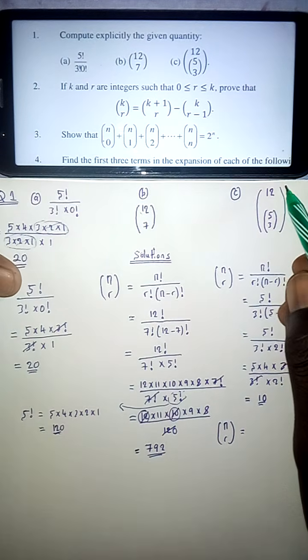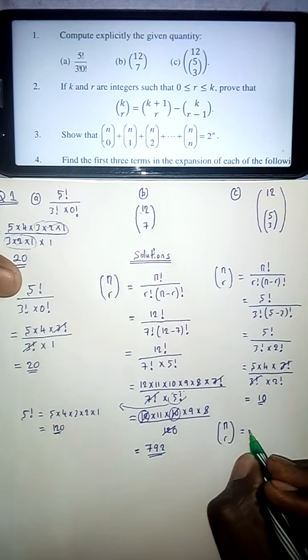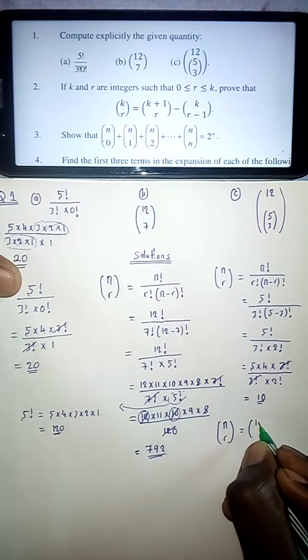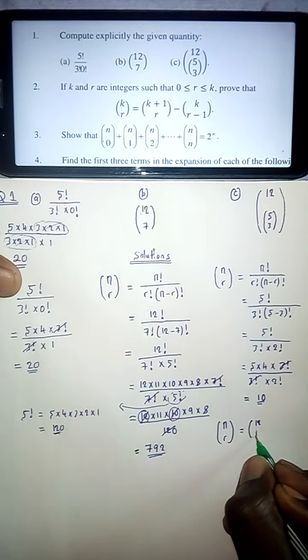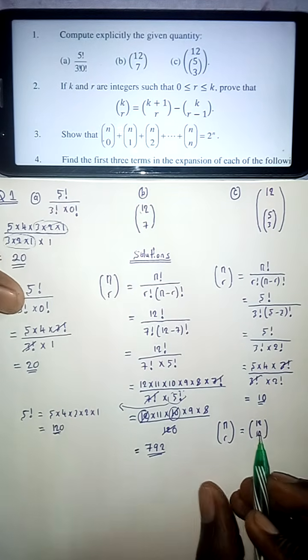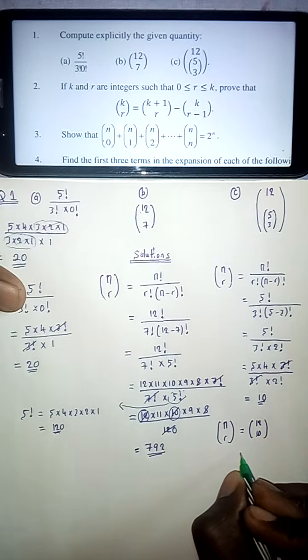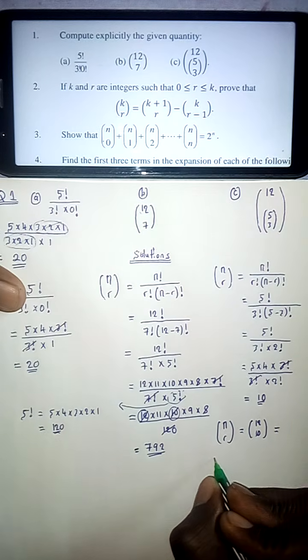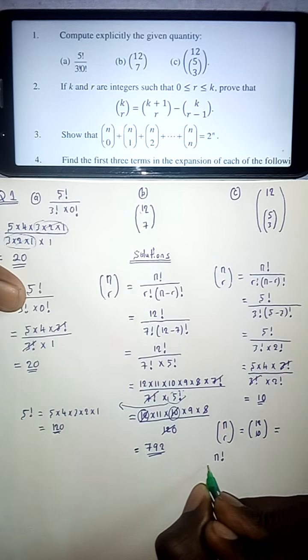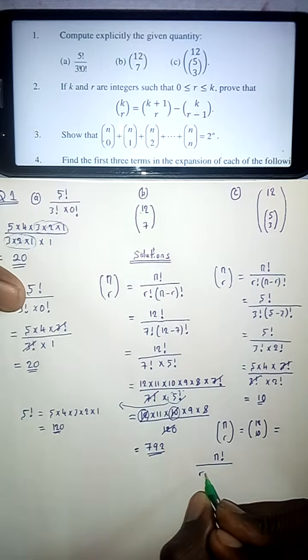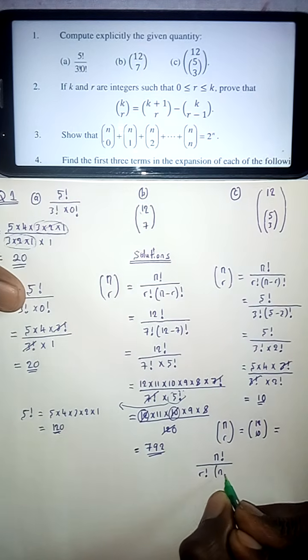So we're going to solve for the entire part now, right? Yes. So therefore, we're going to say 12 and 10 here. Then we find the combination of this. So this will be equal to n factorial. We do the same thing.